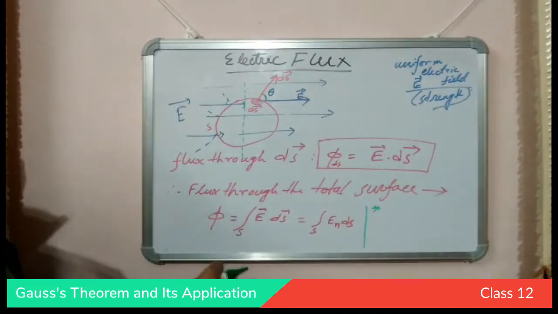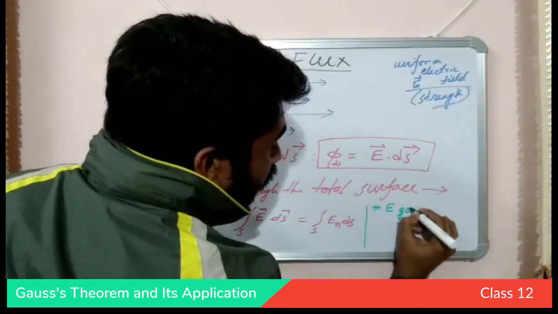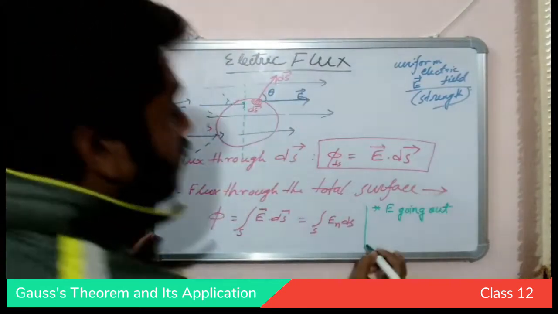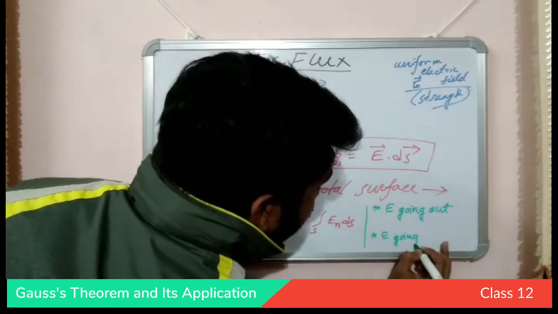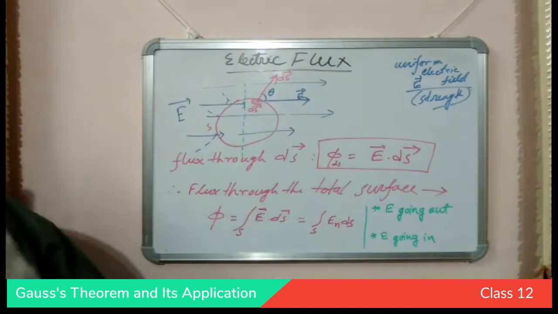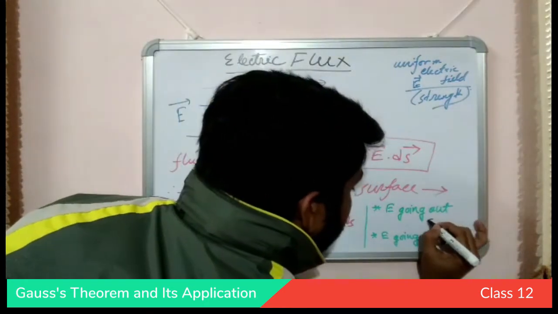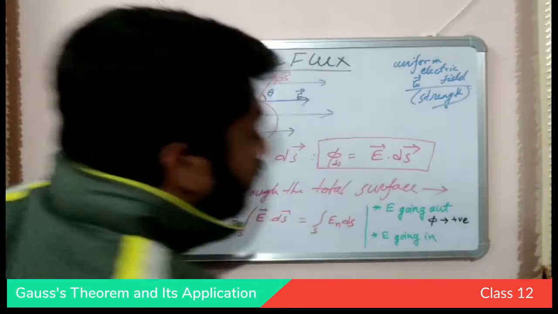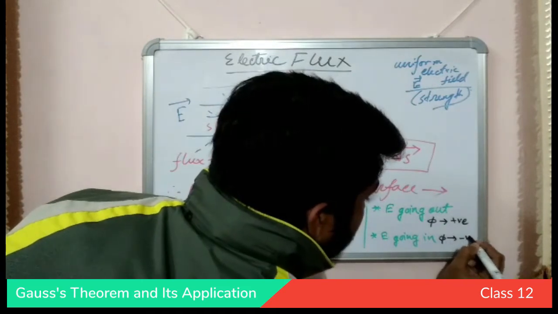So when E is going out, flux is positive, and when E is going in, flux is negative.